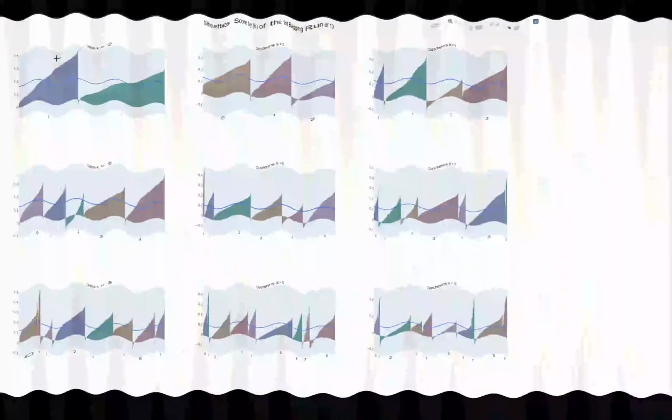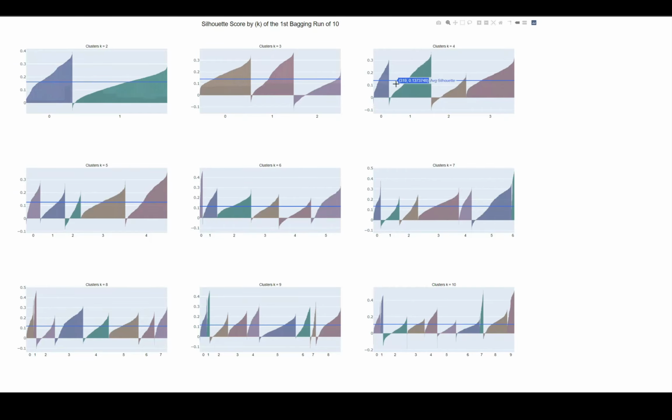Then this result with so low silhouette score is saying that our data are so different that there are no really clear clusters. It is just a huge bunch of things, and it is very difficult for the clustering algorithm to do any clustering.